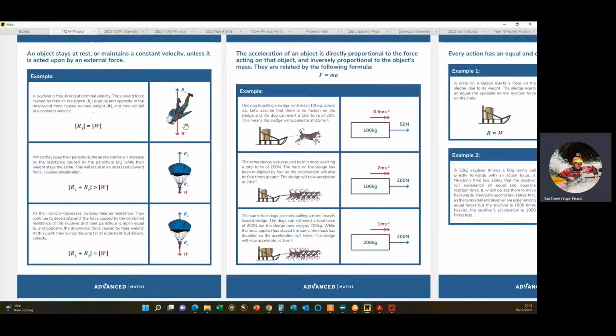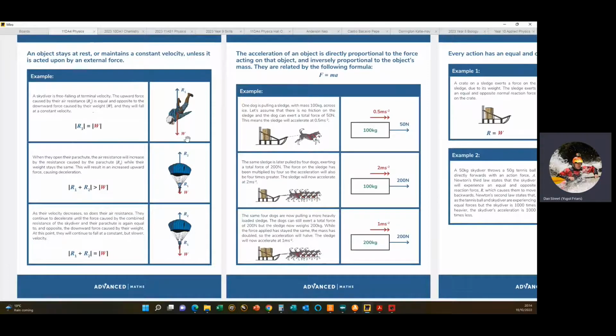Okay, the forces have come to be balanced, which is another thing we need to look at again briefly. In this diagram, R1 and R2, now R1 is still the resistance that the parachutist himself experiences, the air resistance, plus R2, that's the additional air resistance of the parachute, is greater than the weight. Okay, so at this point, the parachutist is not experiencing balanced forces.